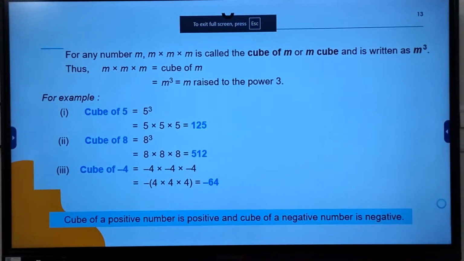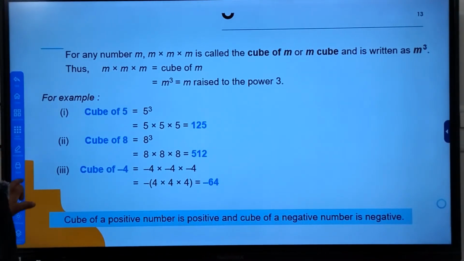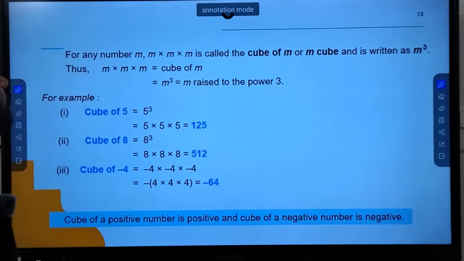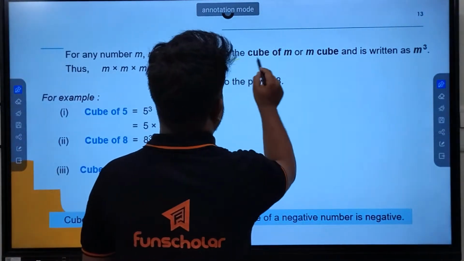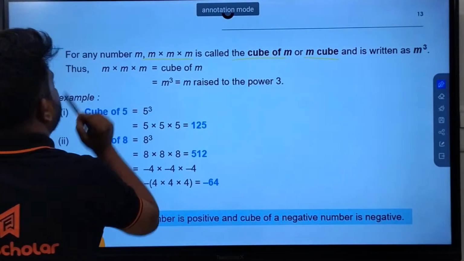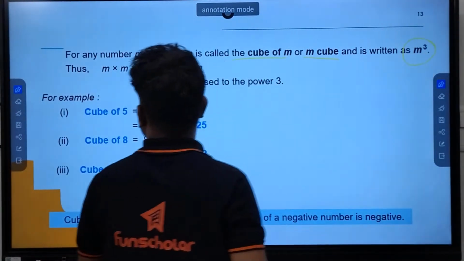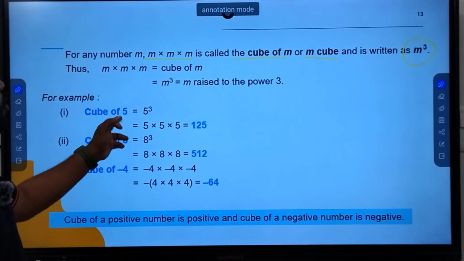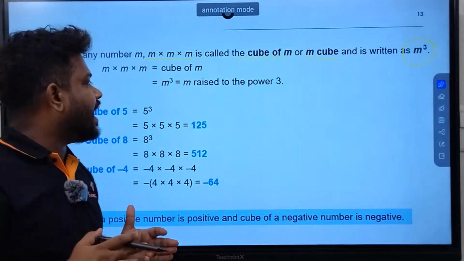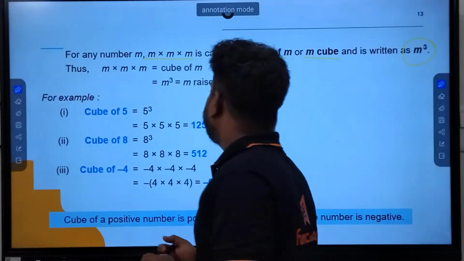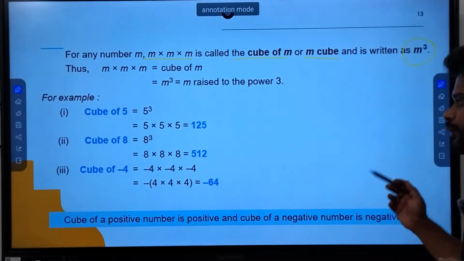For any number m, m into m into m is called the cube of m or m cube. It is written in this form, m to the power 3. We read this as cube of m, m cube, or m raised to the power of 3.